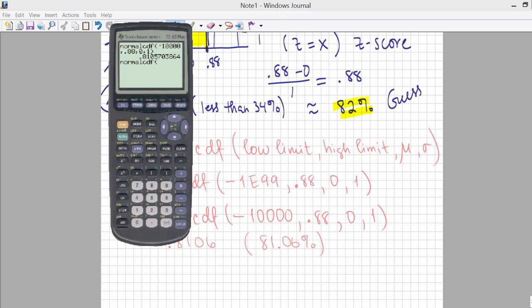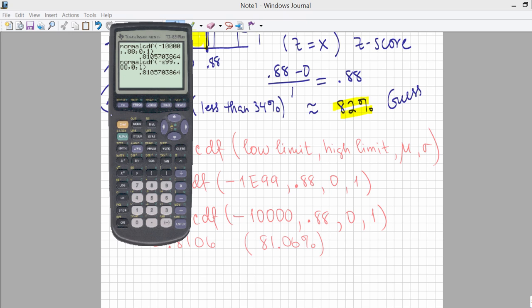So you would do negative, then second E, 99. Not this E right here, because this will give you a wrong answer. And then we're going to go up to 0.8801. Close the parentheses. And look, you get exactly the same thing.